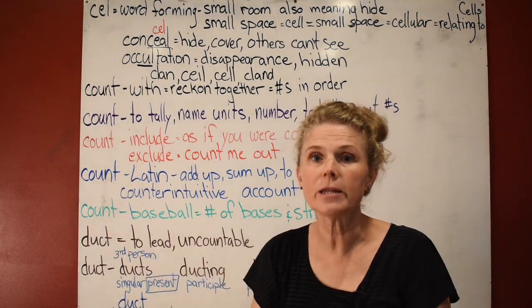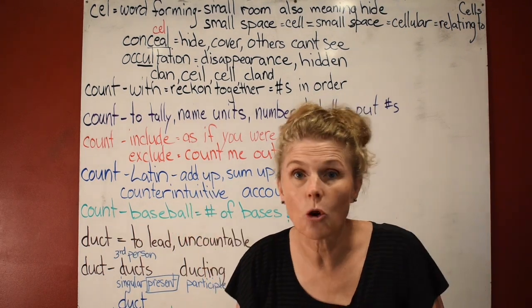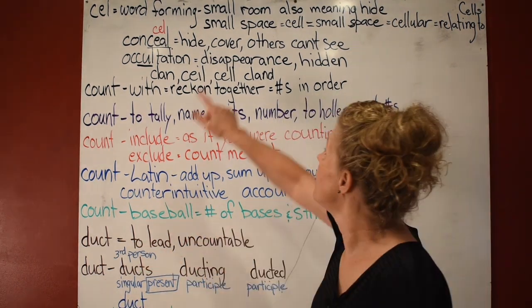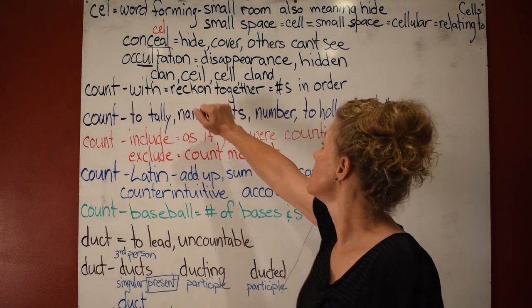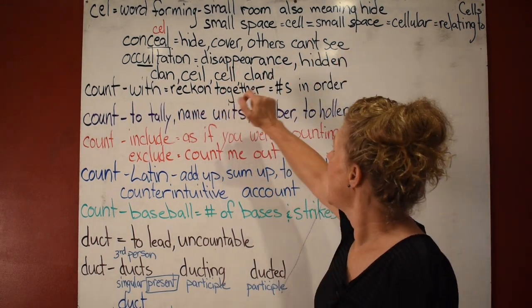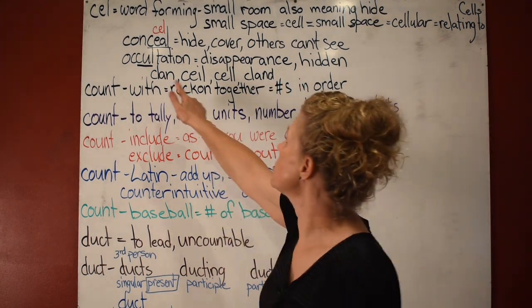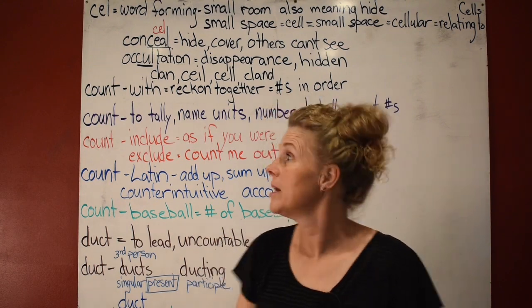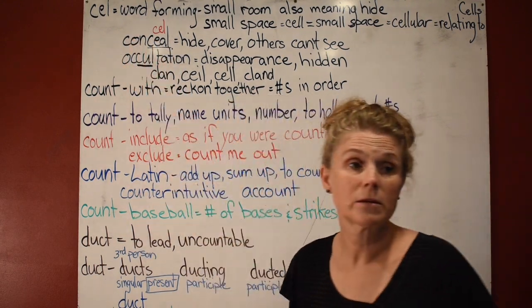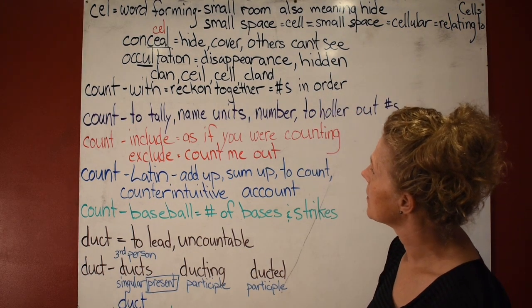It's covering us from the weather, so we can have our own privacy. So this is how you would spell that. Then we have cell, which we talked about here, and clan. So those are words that fit into these Latin words that help you understand what those mean.